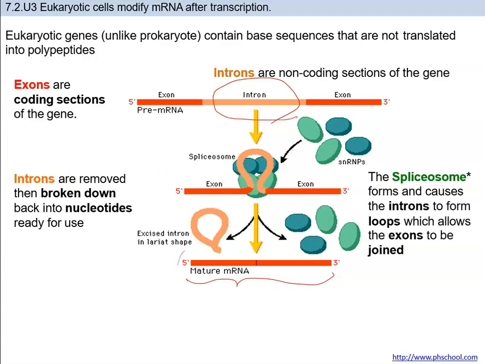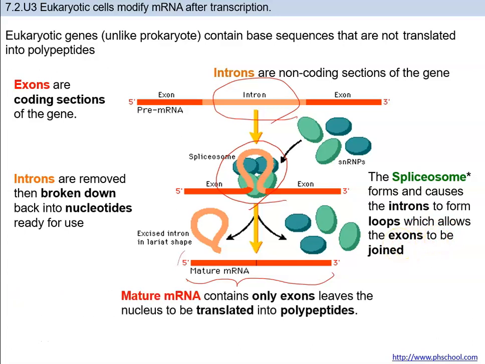The complex shaped to remove the intron part is called the spliceosome. It causes the introns to form loops, which allows the exons to be joined. And the mature mRNA contains all the exons and leaves the nucleus to be translated into polypeptide.